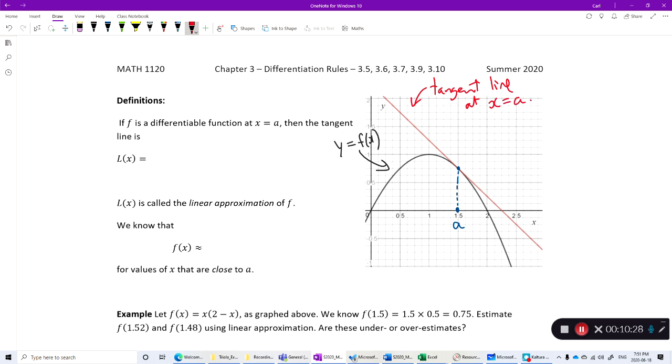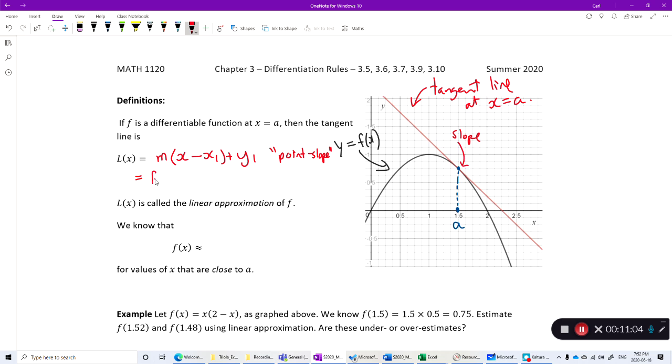Okay. So if f is a differentiable function at x equals A, then the tangent line is L of x equals, let's think here, the slope times x minus x1 plus y1. So this is the point slope form again. And I know the slope there, right? The slope is the derivative there.